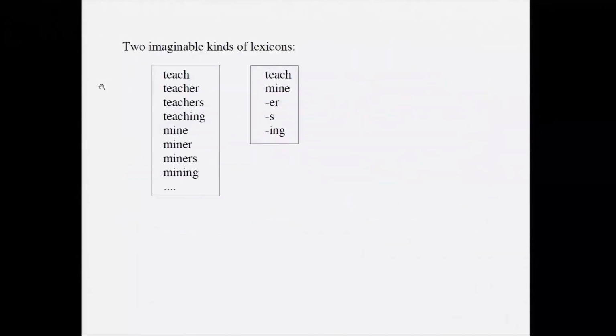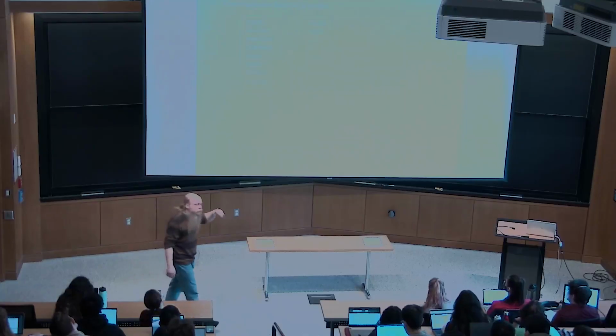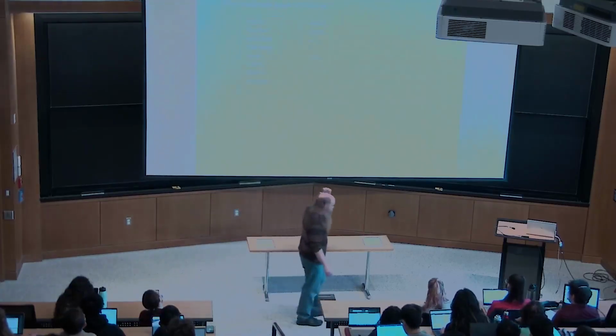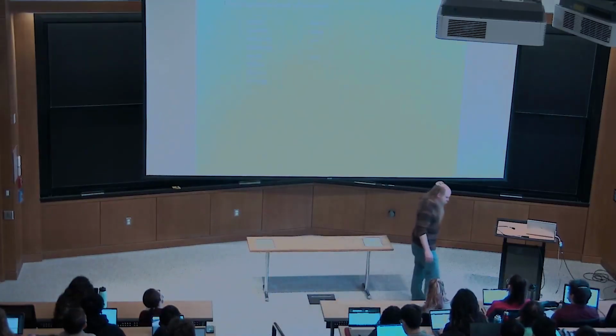Okay, so we started off by saying there are at least 2 imaginable kinds of lexicons. If we're going to make a list of everything you know about your language, one that has in it entries like teach, teacher, teachers, teaching, right? And mine, miner, miners, mining, and so on. That first lexicon consists entirely of words.